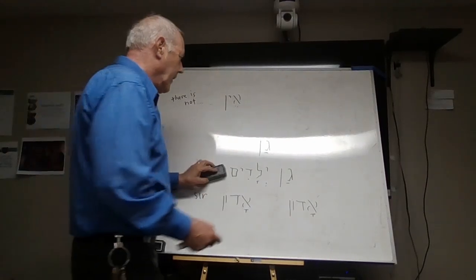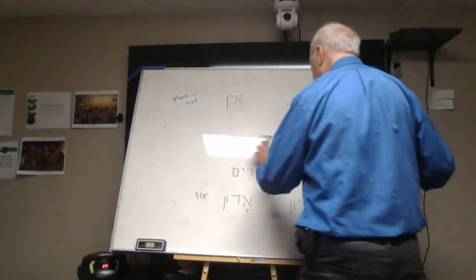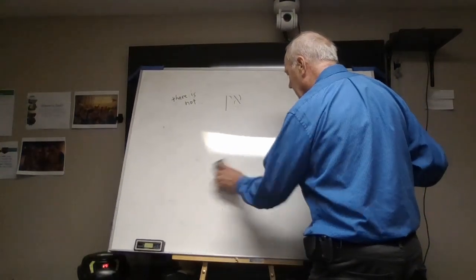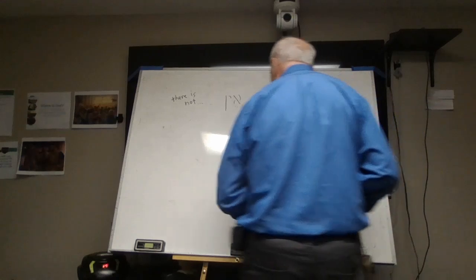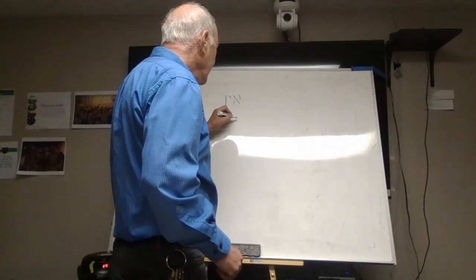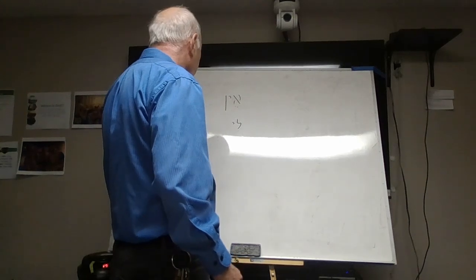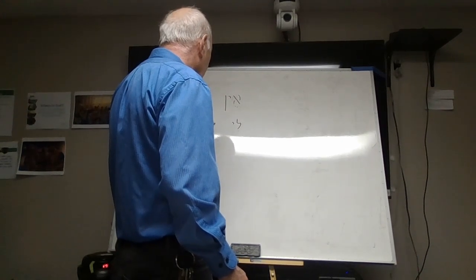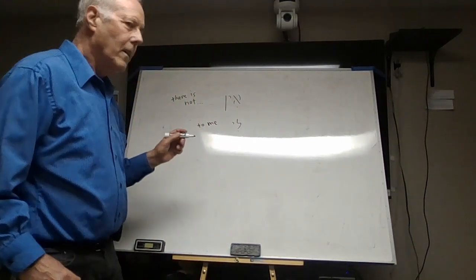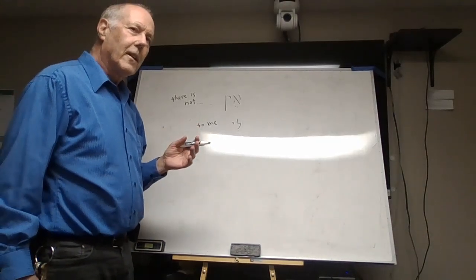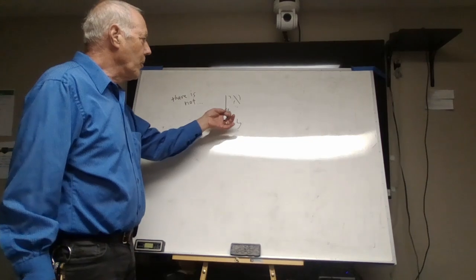So if we want to say "I don't have," we have to say it indirectly. Li means "to me." So how are we going to say "I don't have"? We have to say it indirectly using these two words.